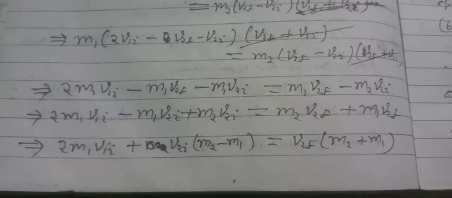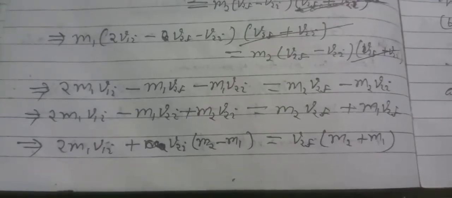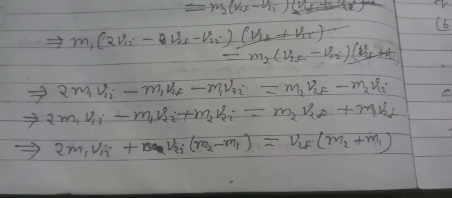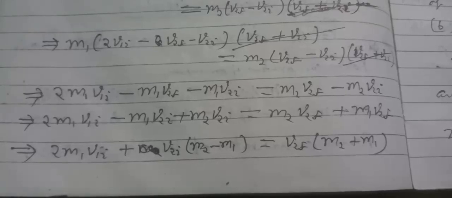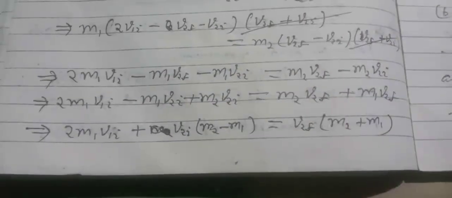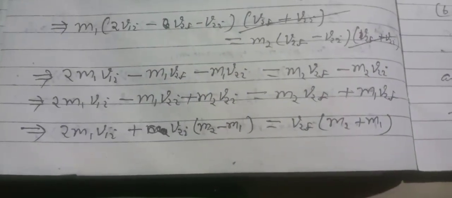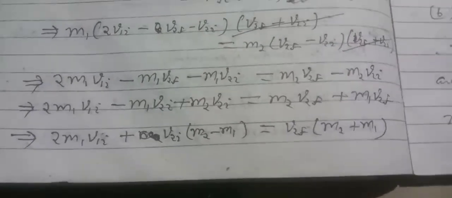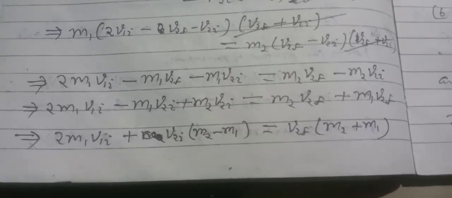This implies 2 m1 v1i - m1 v2i + m2 v2i = m2 v2f + m1 v2f. This implies 2 m1 v1i + v2i(m2 - m1) = v2f(m2 + m1).